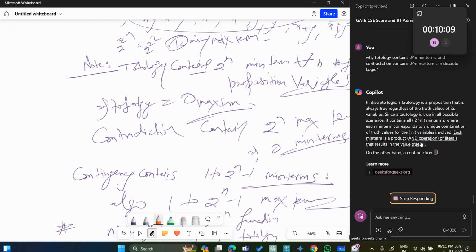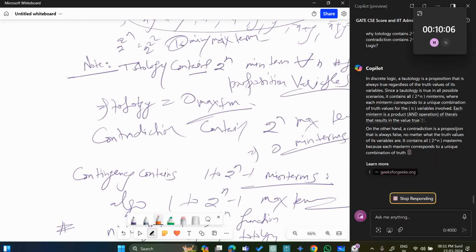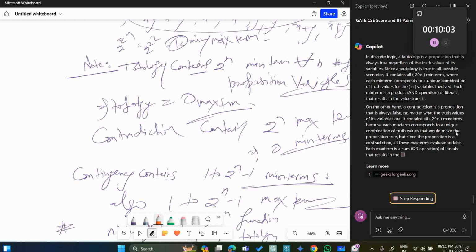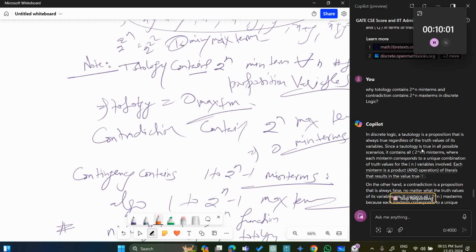So let's discuss this. In discrete logic, a tautology is a proposition that is true regardless of the truth values of its variables. Since the tautology is true in all possible scenarios, it contains all 2 to the power n minterms, where each minterm corresponds to a unique combination of truth values for the n variables involved.